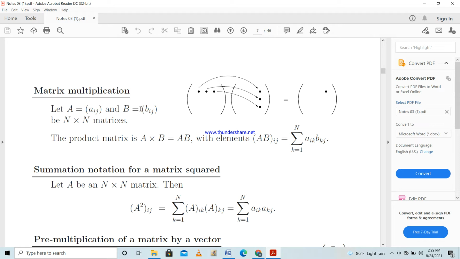So if both matrices are n into n square matrices, no problem, you can talk about the product.